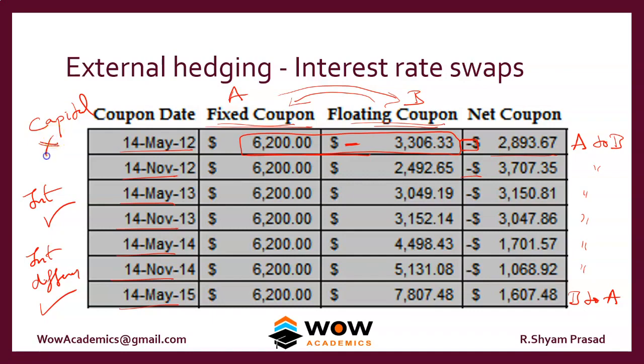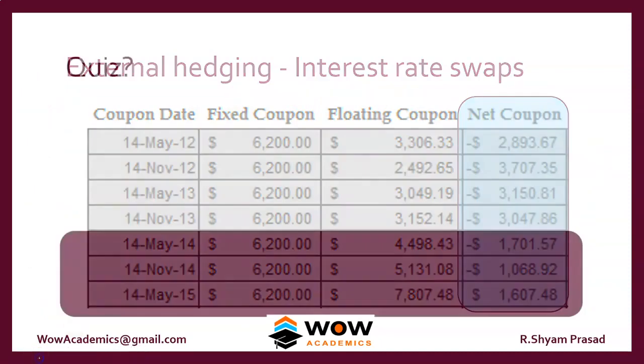Capital is not at all transferred. Interest is calculated, but only the interest differential is transferred. This is a very important point of a swap. The net interest differential is what is transferred from one company to the other.